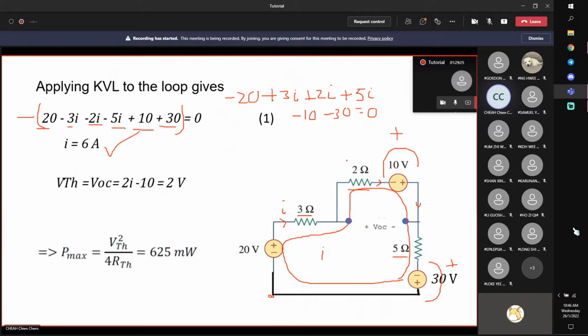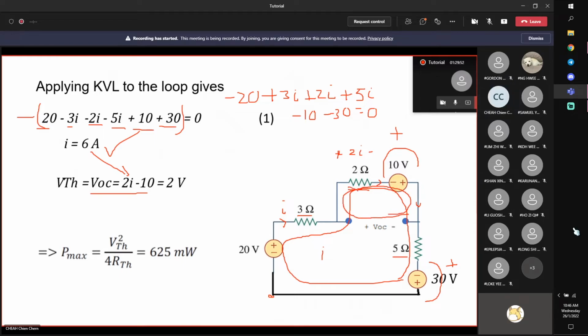VOC is 2I. Voltage drop across this resistor is 2I, right? Minus 10 volts. I is 6. So 6 times 2 minus 10 gives you 12 volts. Okay, if you cannot write down this directly, never mind. Take Kirchhoff voltage law around here.